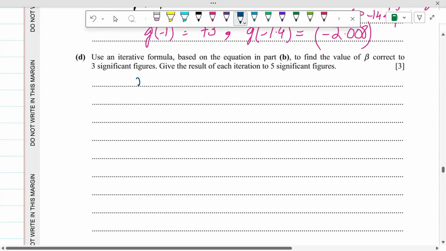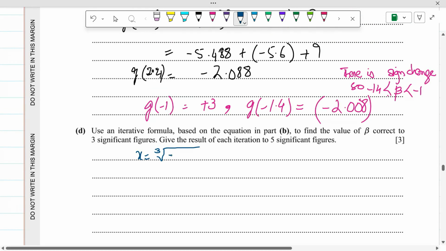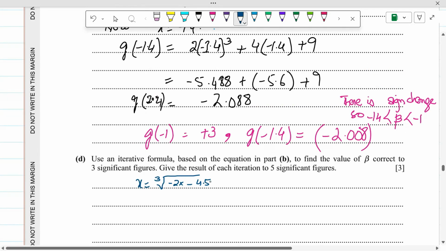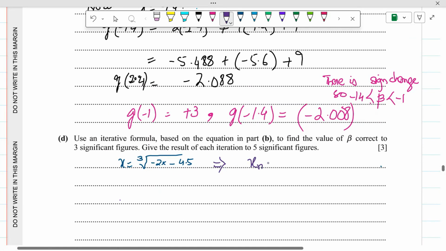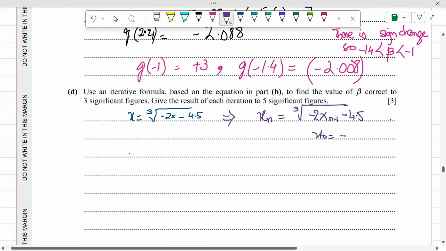From part B, x is equal to the cube root of negative 2x minus 4.5. In iteration form, we can write x sub n is equal to the cube root of negative 2 x sub (n minus 1) minus 4.5. Start from x0 equal to negative 1.